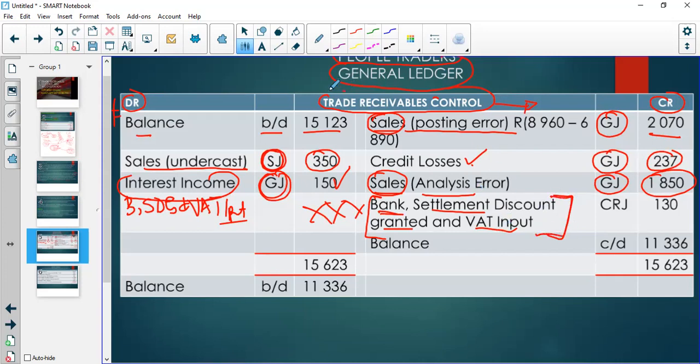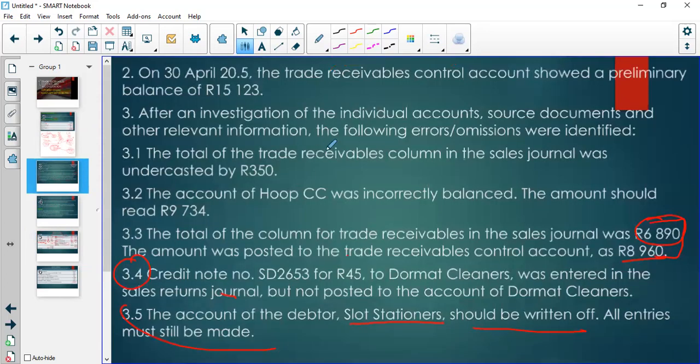So in the trade receivables control, it's bank, settlement discount granted and VAT input. Don't confuse it with the trade payables control where it's bank, settlement discount received and VAT output. That would come from the cash receipts journal and it's 130. Actually, I think it's an omission, right? I think there was an omission.